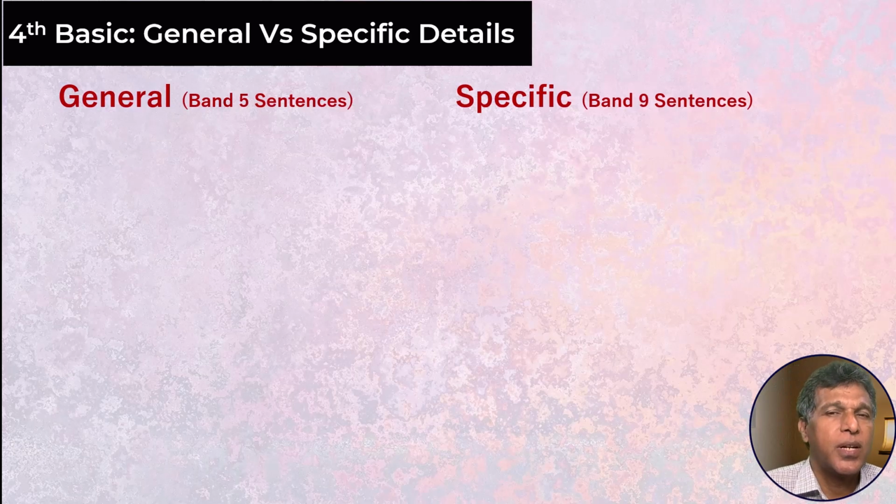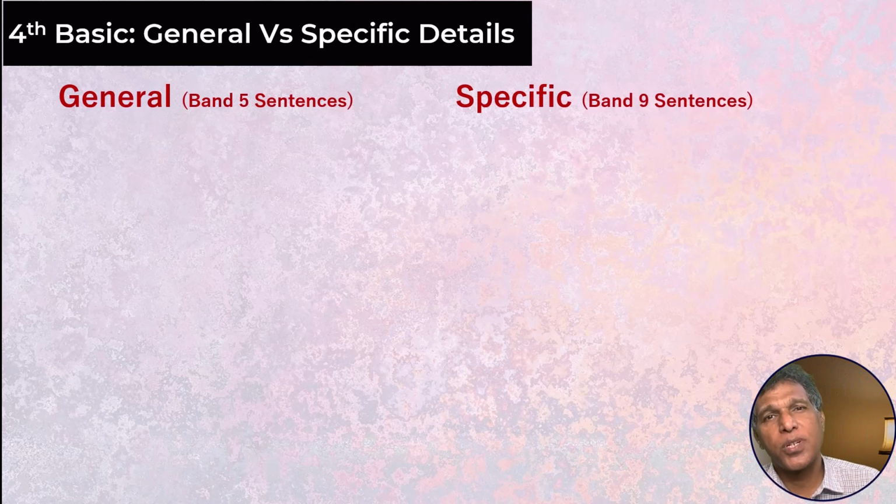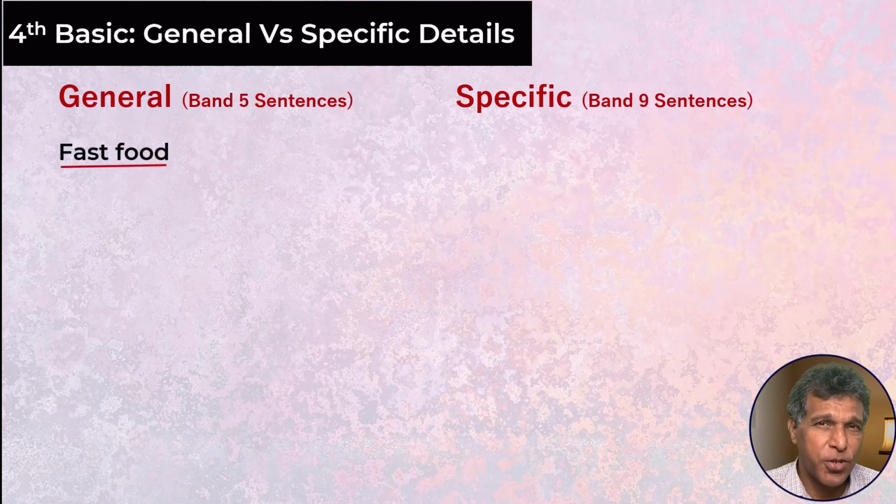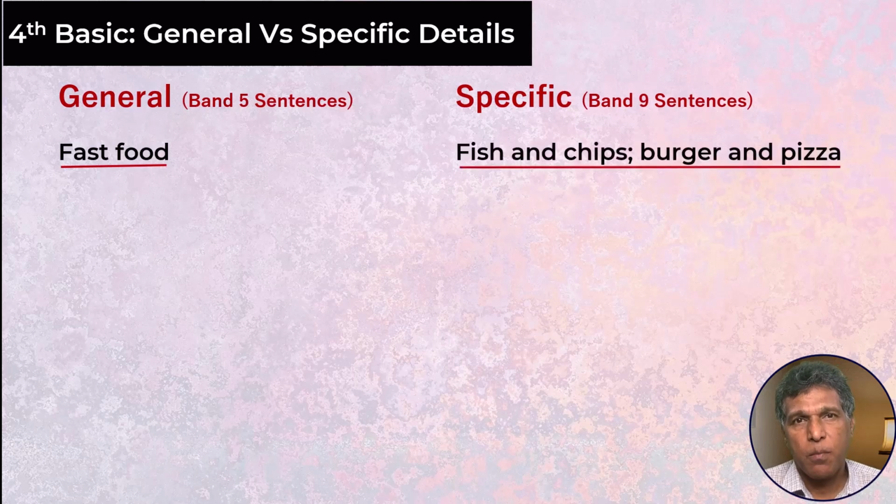If you write only general sentences, you may get band 4.5 or 5. But if you use specific details, you can get 7, 8, or 9. Let's see some examples. If you say fast food, that's general. But if you say fish and chips, burger and pizza, now you are specific. That's what the examiner loves.